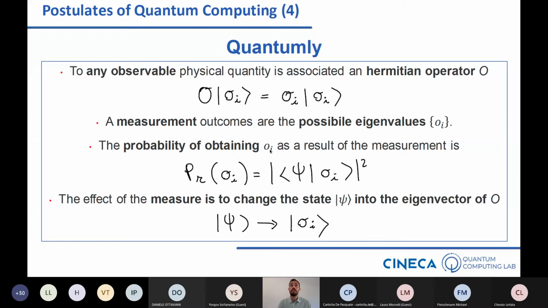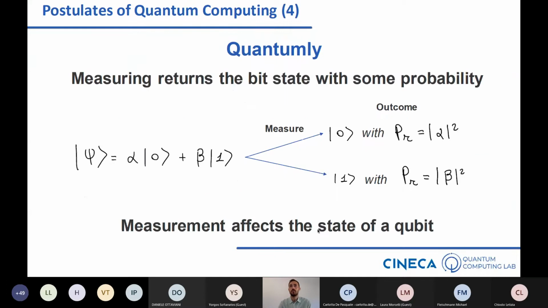The probability of obtaining O_i as a result of the measurement is the scalar product of psi with this eigenvector i, modulus squared, of course. So the state after the measurement changes from psi into the eigenvector O_i. It's exactly what we've seen here in more generic terms.